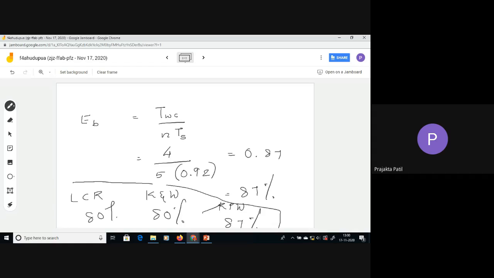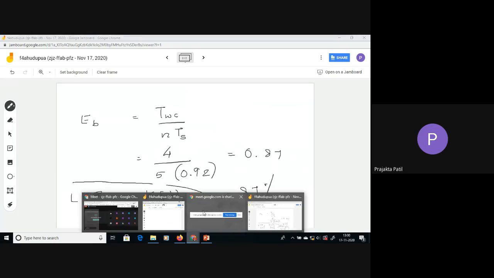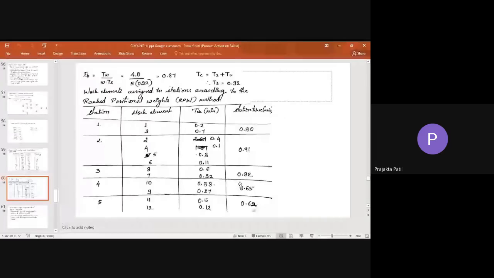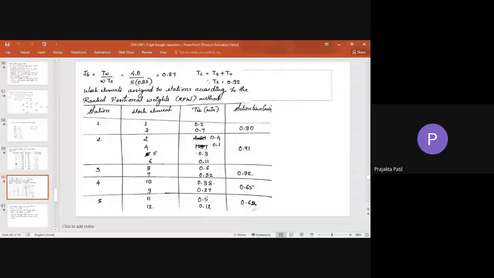So this is how you solve the problem for the Kilbridge and for the rank position weights method. Any doubts in this?